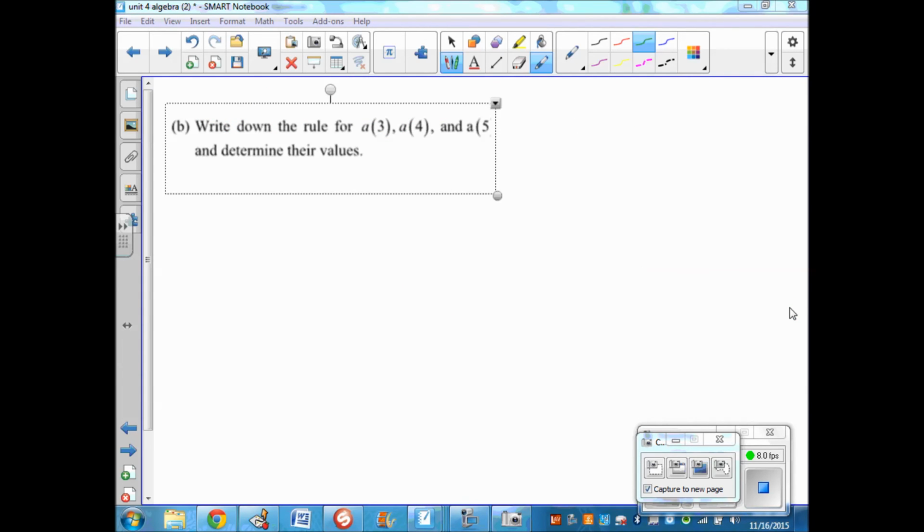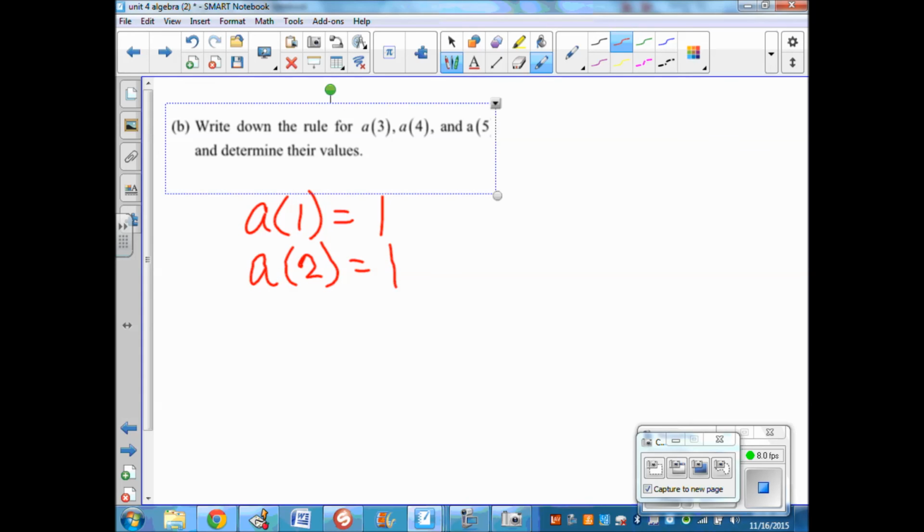So do part B. Okay, write down the rule for a of 3 and a of 4 and a of 5, okay, and determine their values. So what did we say? According to Fibonacci, our first term is 1. But our second term is also 1. Okay, that's what it says in our definition. So how do I get to my third term in line?